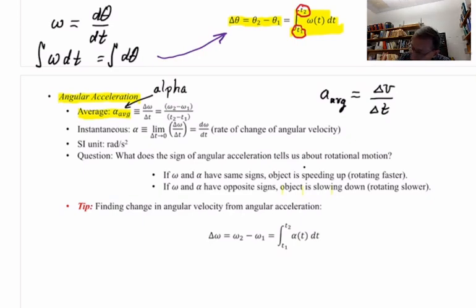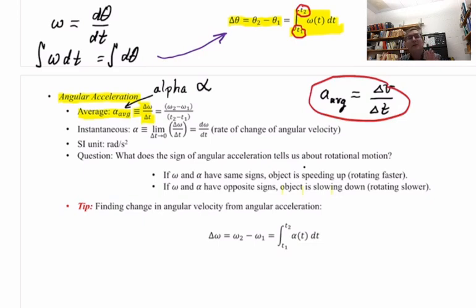When I write it, I try to be a little more clear that it's not an A. I write it kind of like that. I think you can see that that's not an A. It's a Greek lowercase alpha. And if we're talking about average angular acceleration, we add the subscript avg. So what's the definition of average angular acceleration? Well, it's the rotational analog of this, the linear version of average acceleration.